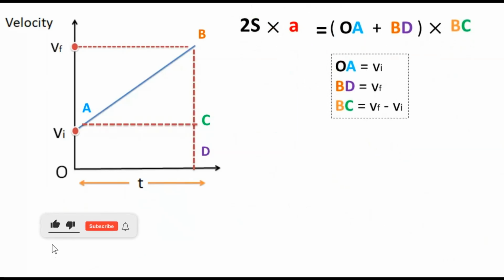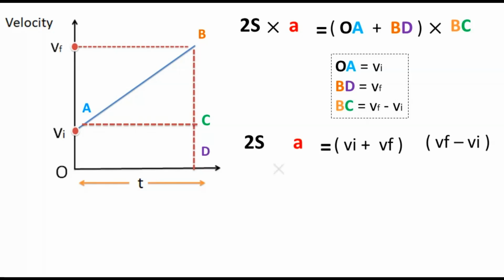So now by simply putting the values of OA, which is equal to the initial velocity, and BD, which is the final velocity, and BC, which is the final velocity minus initial velocity, we get this equation.